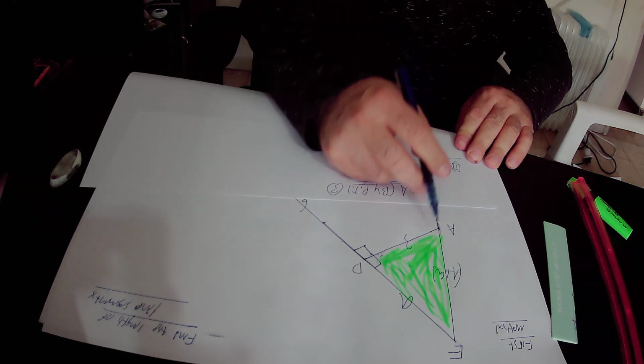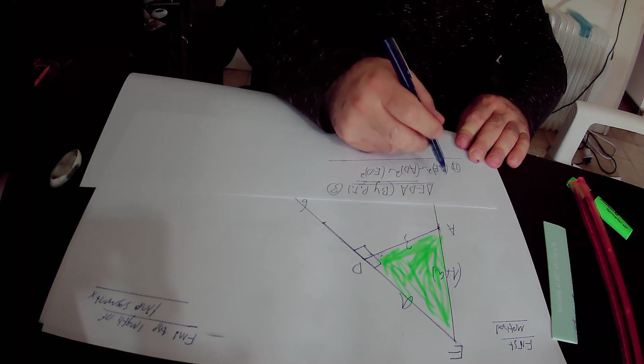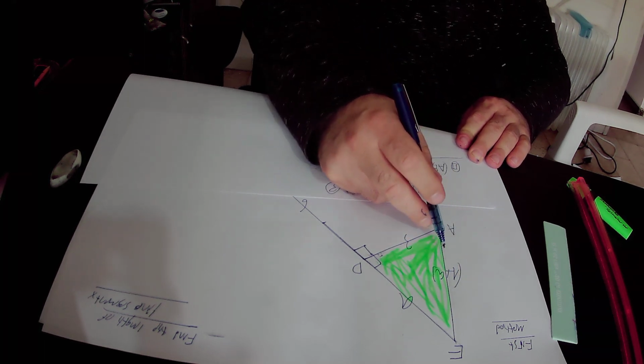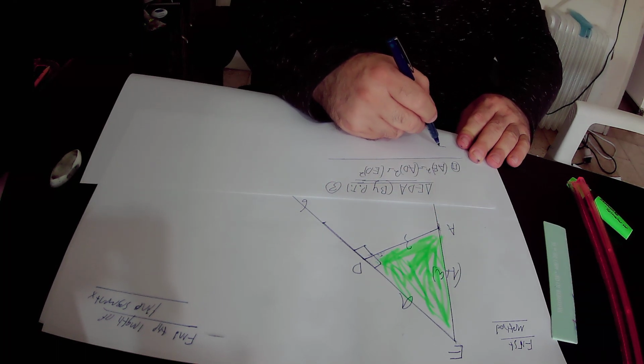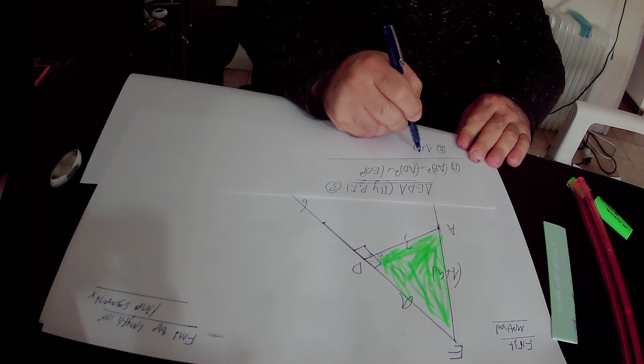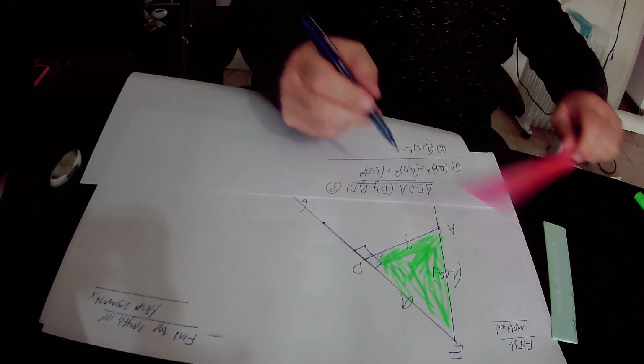AE equals 1 plus A, so we substitute AE by 1 plus A. So 1 plus A squared is equal to AD squared.